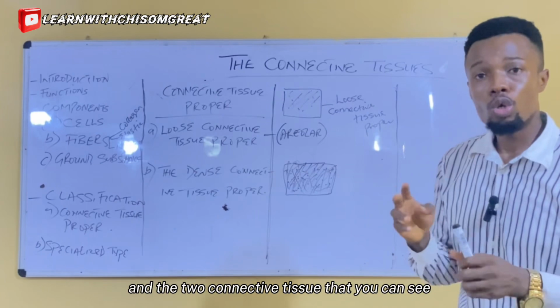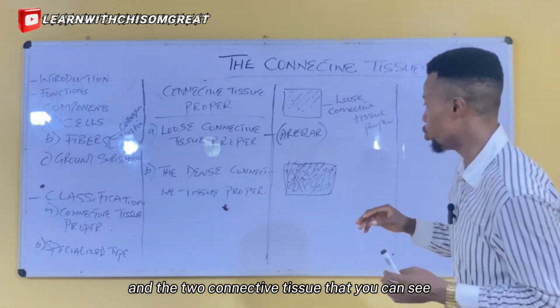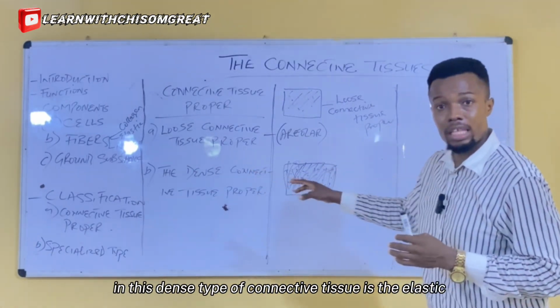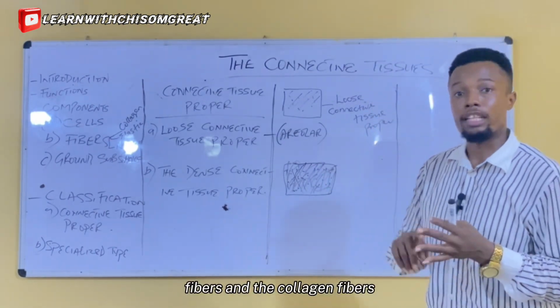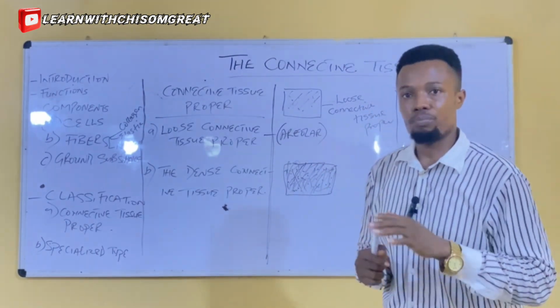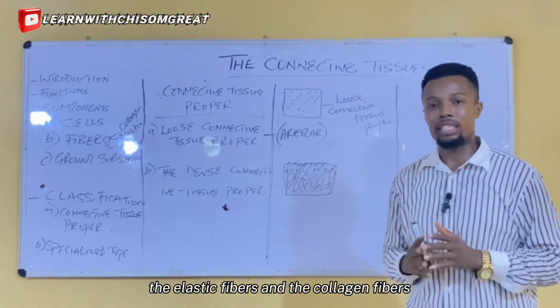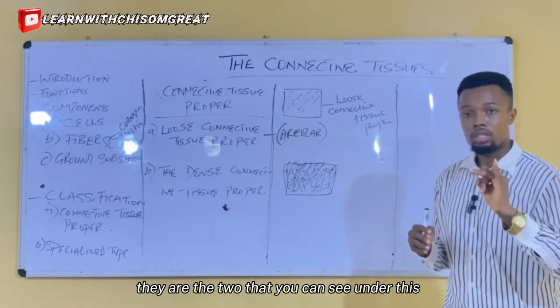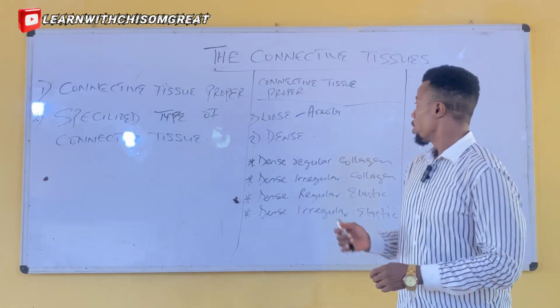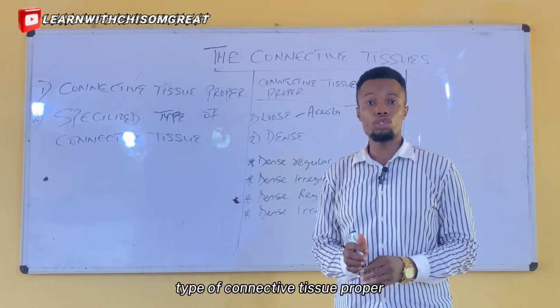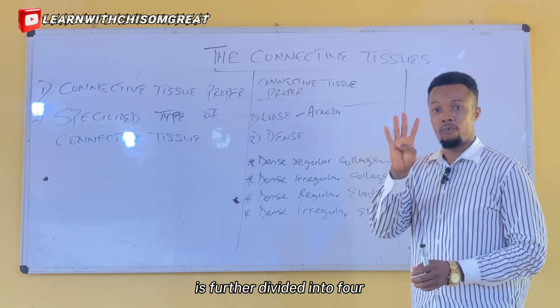And the two fibers that you can see in this dense type of connective tissue are the elastic fibers and the collagen fibers. They are the two that you can see under this. So the dense type of connective tissue proper is further divided into four.